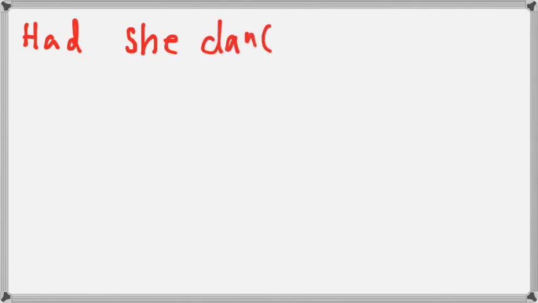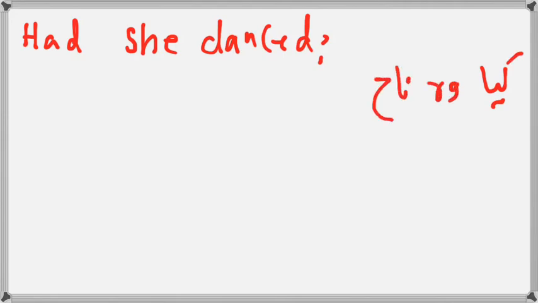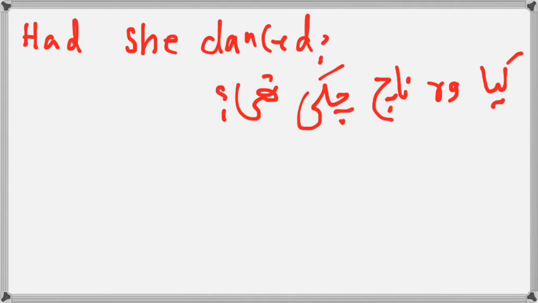The next sentence with another pronoun she is had she danced. So here we have got formal and informal. Informal is क्या वो नाच चुकी थी, और क्या वो नाची थी.